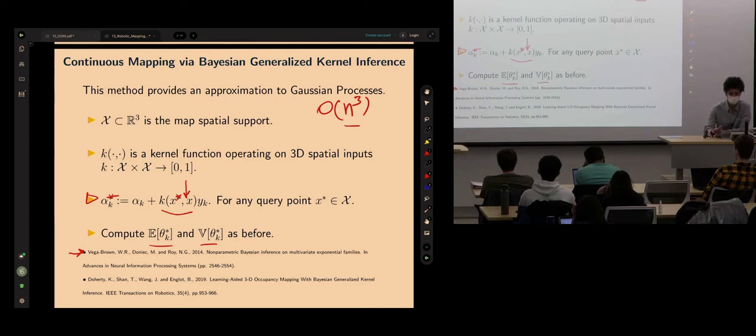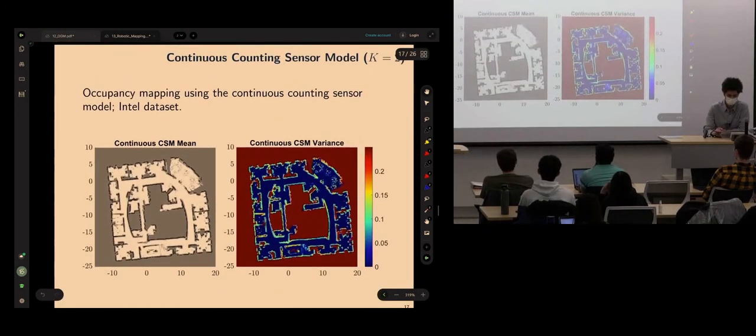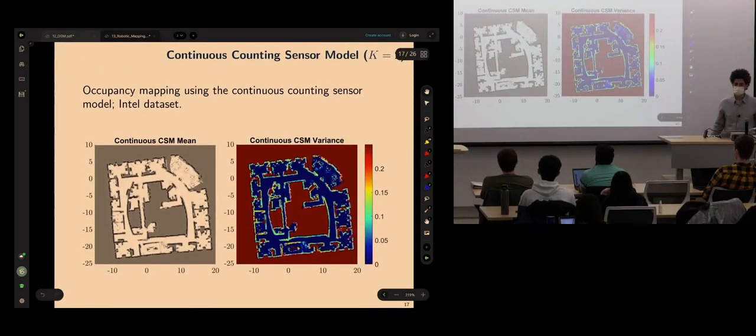Now, I'm giving you the consequence of using the result in this paper. But the results are easy to interpret. It's just the kernel with neighborhood weighting. So now we're talking about a continuous counting sensor model using that kernelized form. Now you can go back and compare this kernelized map.